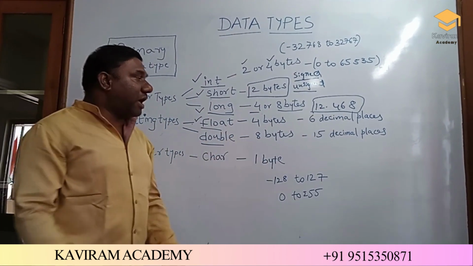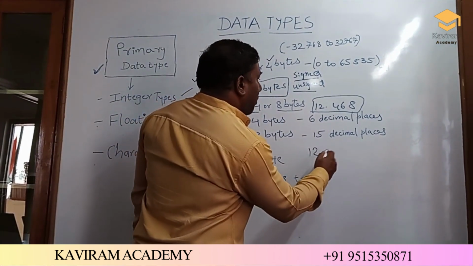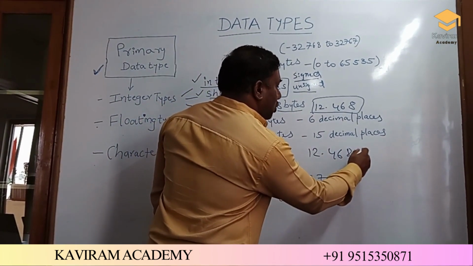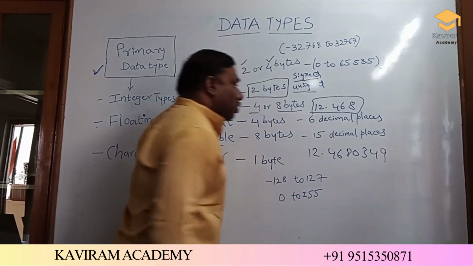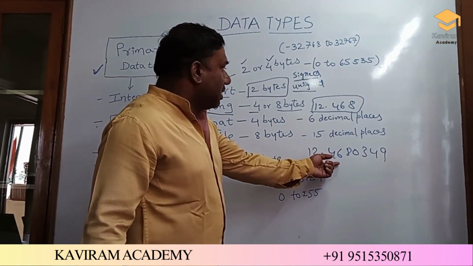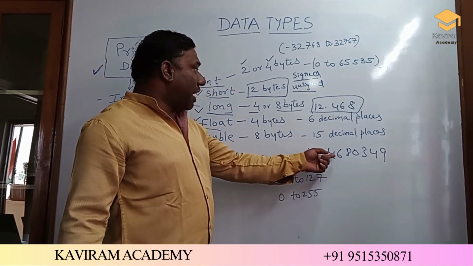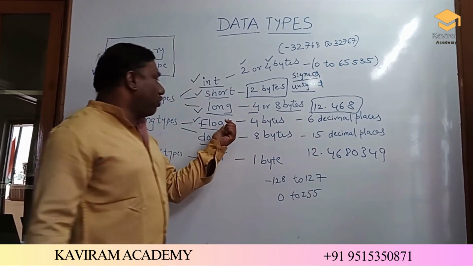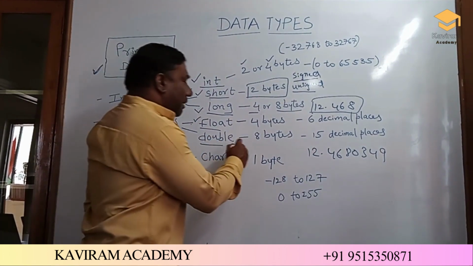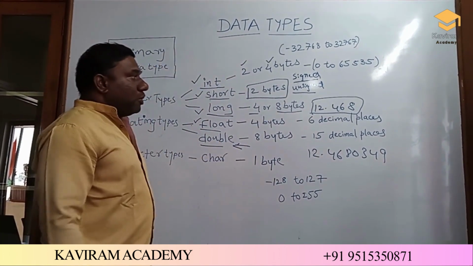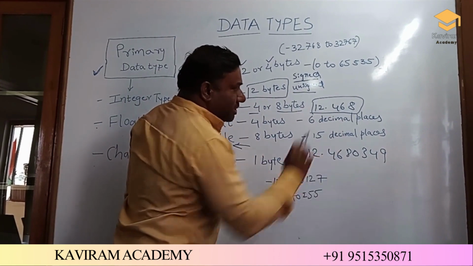Similarly, for double, if I have a value something like 12.4680349, you can see it has more than 6 decimal places, so I can't store this value in my float. Then I need to go for my double. Double can take 15 decimal places.